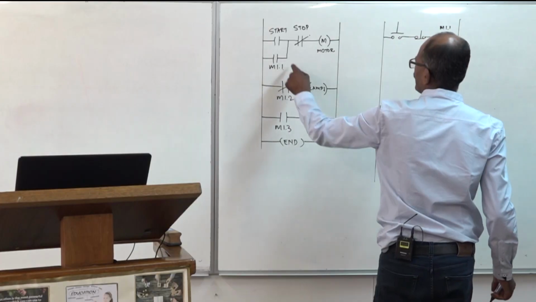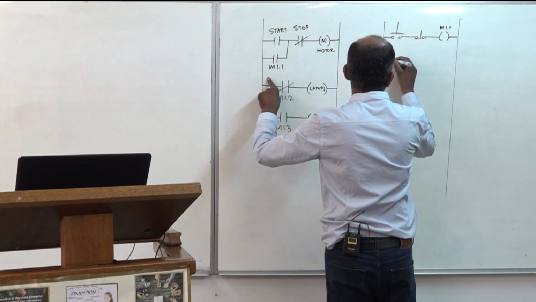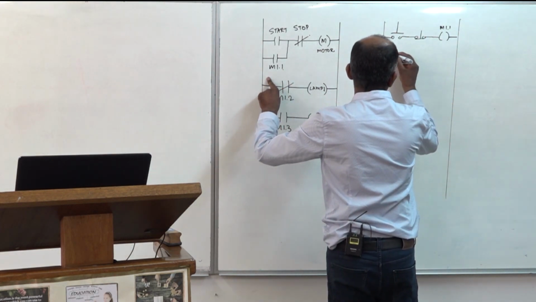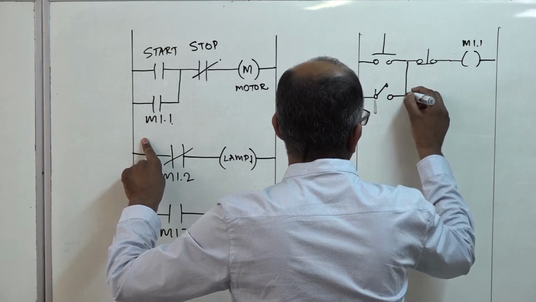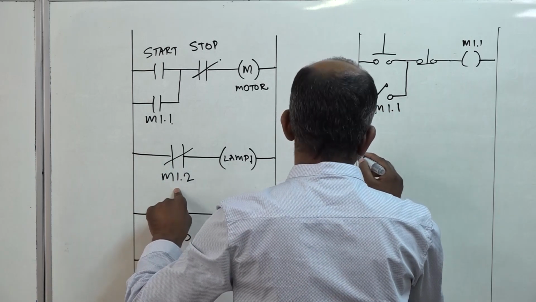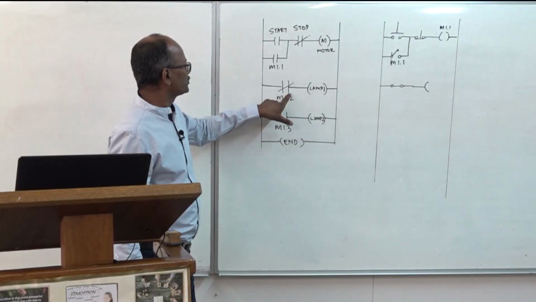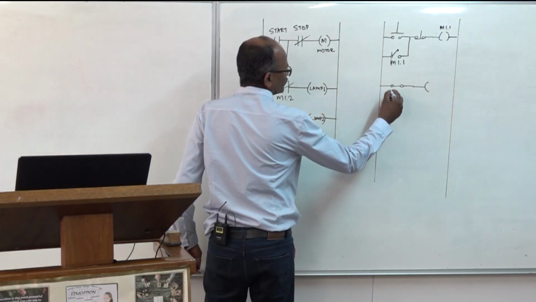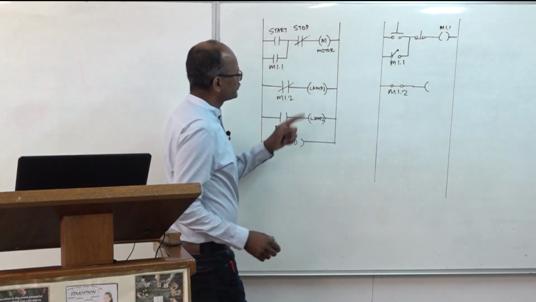This is your latch for your motor contactor, so this would be a normally open switch, M1.1. This is another switch associated with your contactor. Okay, this is a normally closed switch, M1.2. So M1.2 would be a closed switch in electrical terms, we know that.